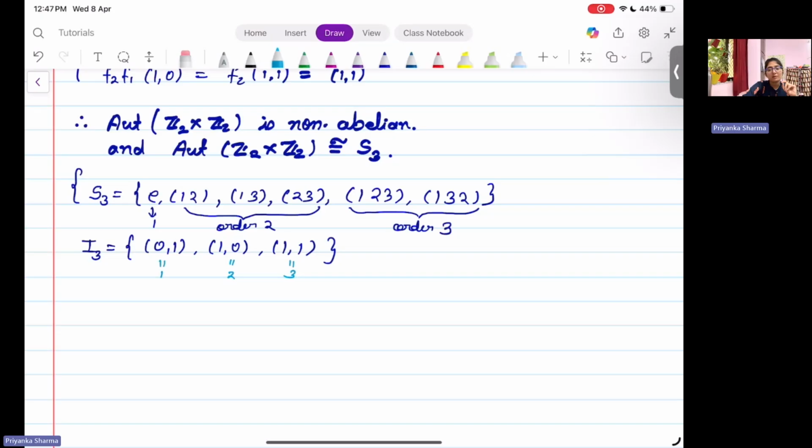Now (1 3 2): the image of (0, 1) will be 3, meaning (1, 0). The image of 3 is 2, so the image of (1, 1) will be (1, 0), and the image of 2 is 1, so the image of (1, 0) is (0, 1). This is how we can define all the 6 elements.